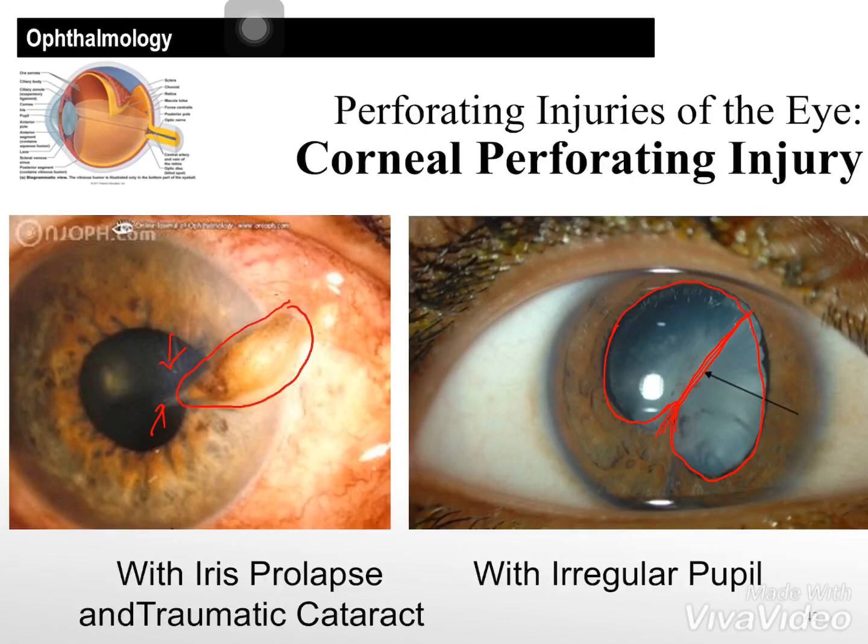But the corneal laceration fortunately healed itself, leaving only an irregular pupil and cataract formation. You have to differentiate irregular pupil due to uveitis to that of an irregular pupil due to an old perforating injury.